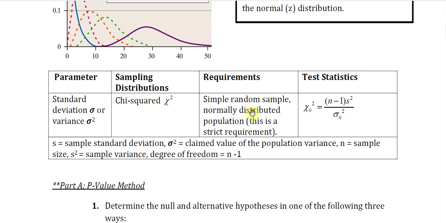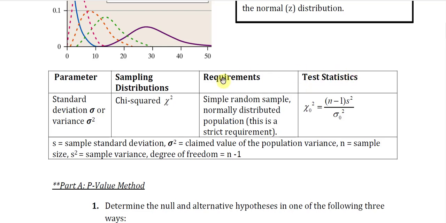That means no matter what the sample size is in this case, make sure that the population is normally distributed, and we can check this requirement using the normal quantile plots from the TI-84 Plus, or 83.